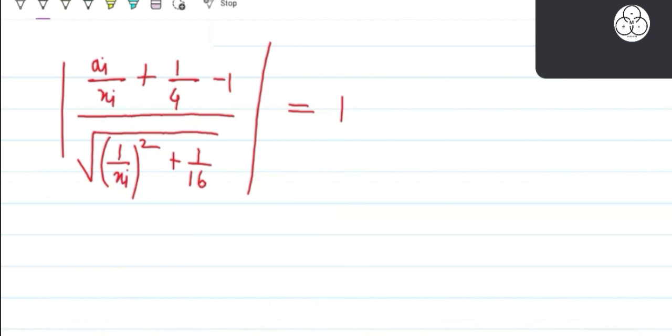For a line Li, say we have a point P, which is a known point, and this is the center Ci, the center of the circle Ci.